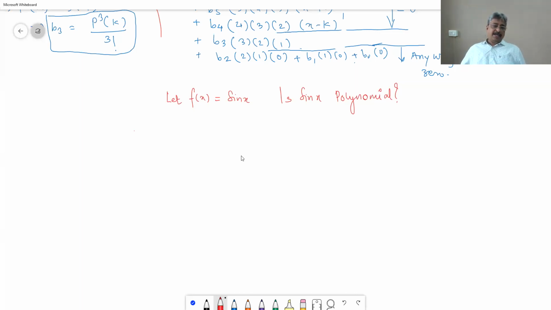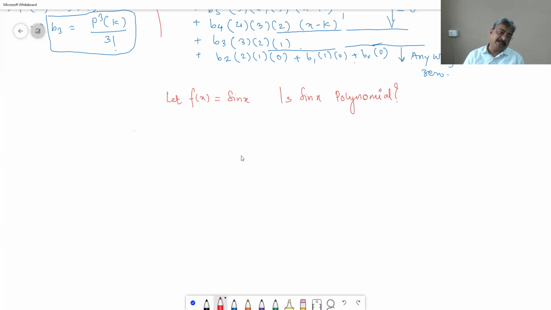Polynomials, when x tends to plus infinity, either end up being minus infinity or plus infinity. That is the kind of polynomials that we have studied. They are either disappearing as x becomes bigger and bigger. If the leading coefficient is positive, they go to plus infinity.